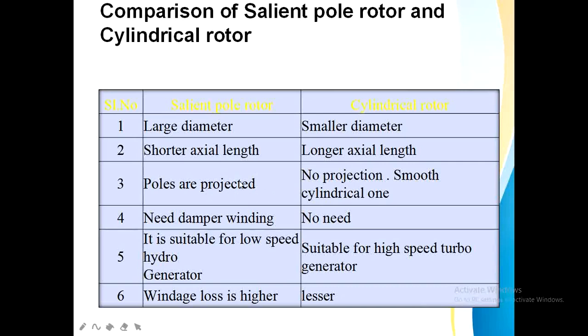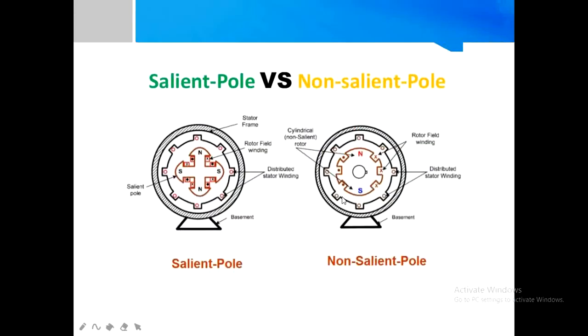Poles are projected for the salient pole type rotor, which is why the speed of the machine is lower compared to the cylindrical rotor. This type of rotor is generally used for hydro generators where low and medium speed is sufficient, but the cylindrical type rotor is suitable for high speed alternators, generally steam turbine driven alternators.